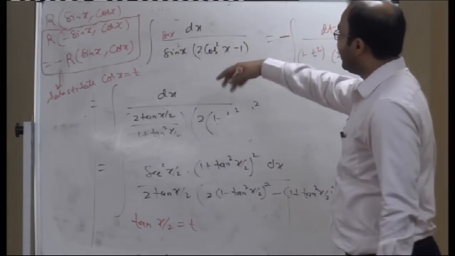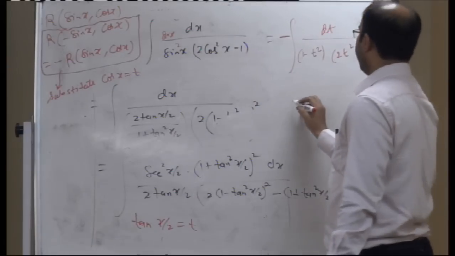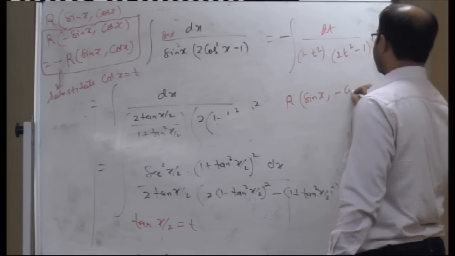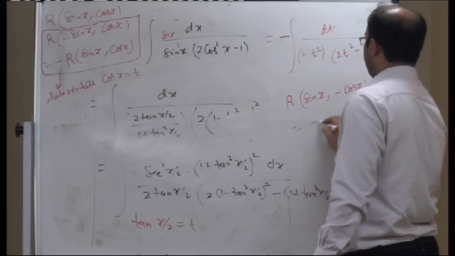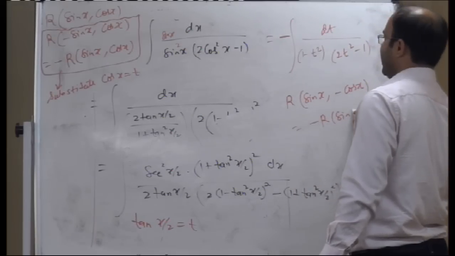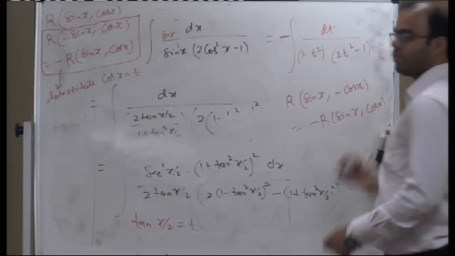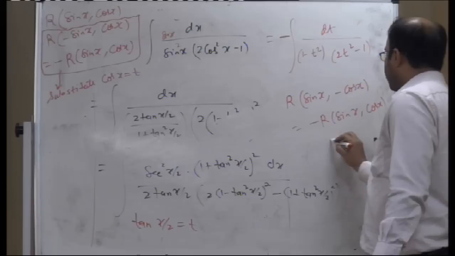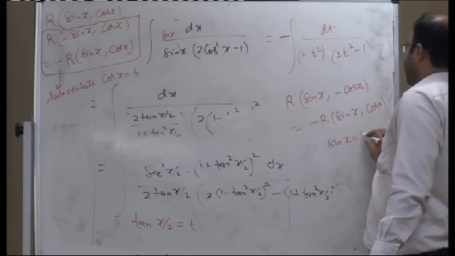Now there are other situations also, like if you get in a question r of sin x comma minus cos x equal to minus r of sin x comma cos x, a situation just opposite of this, what will you substitute there? Sin x as t.